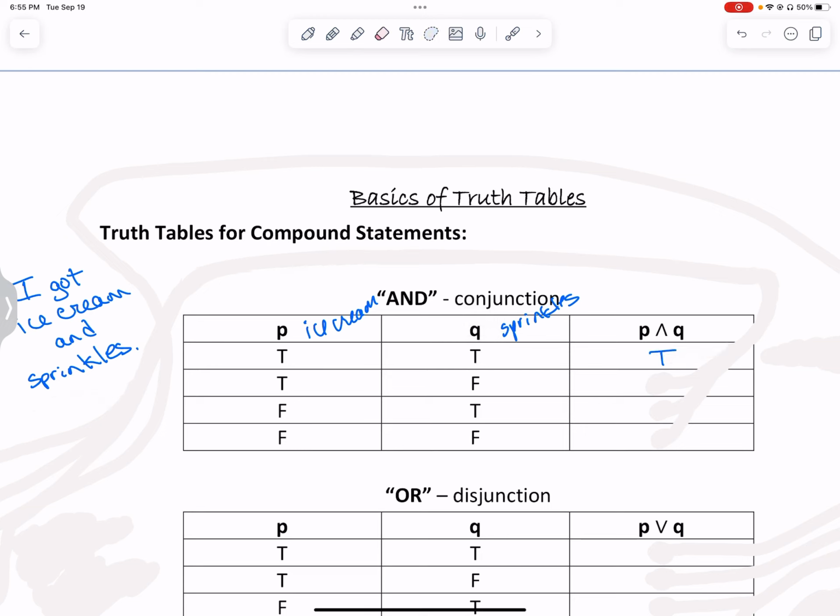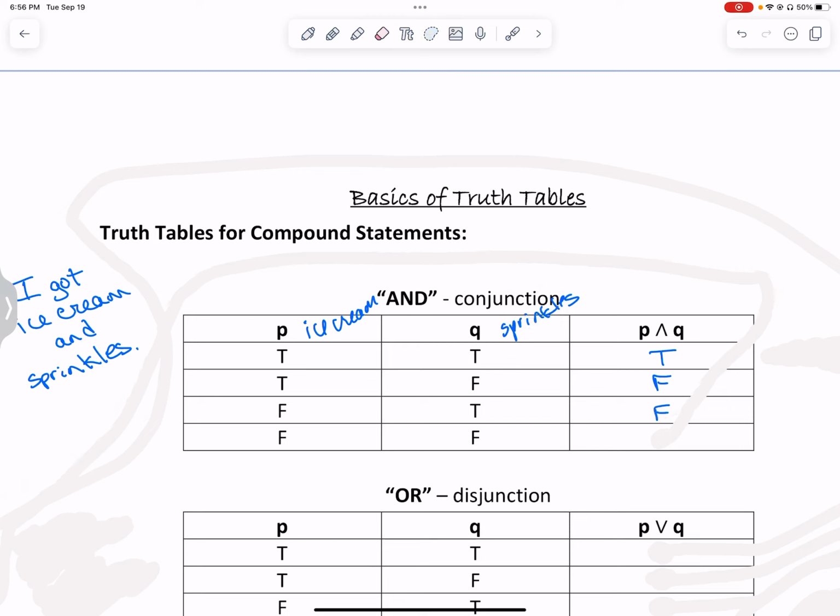But if I got ice cream but I didn't get sprinkles, so that's true and that's false, then it's false when you say I got ice cream and sprinkles, because I didn't get both of them. If it's false that I got ice cream but I got sprinkles, it would still be false.